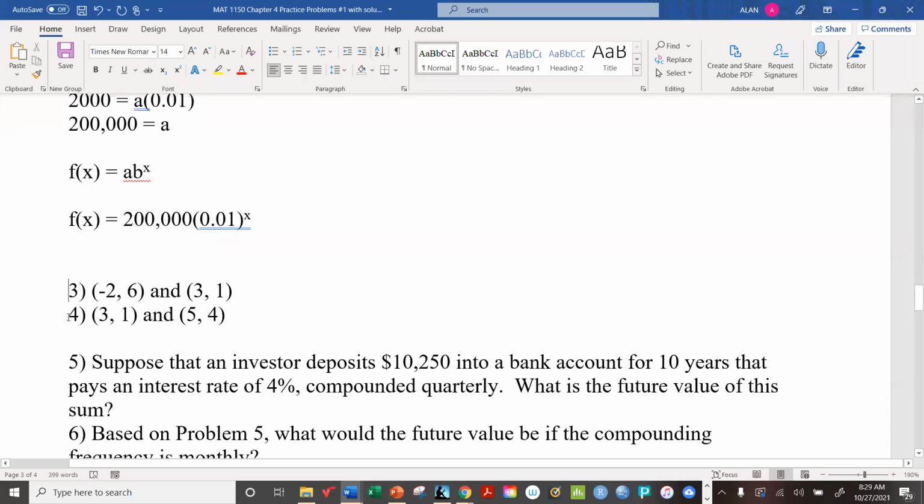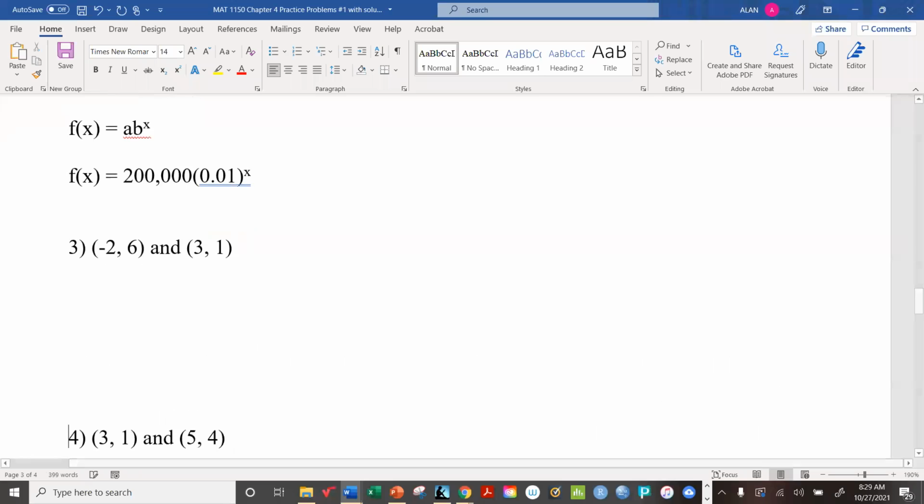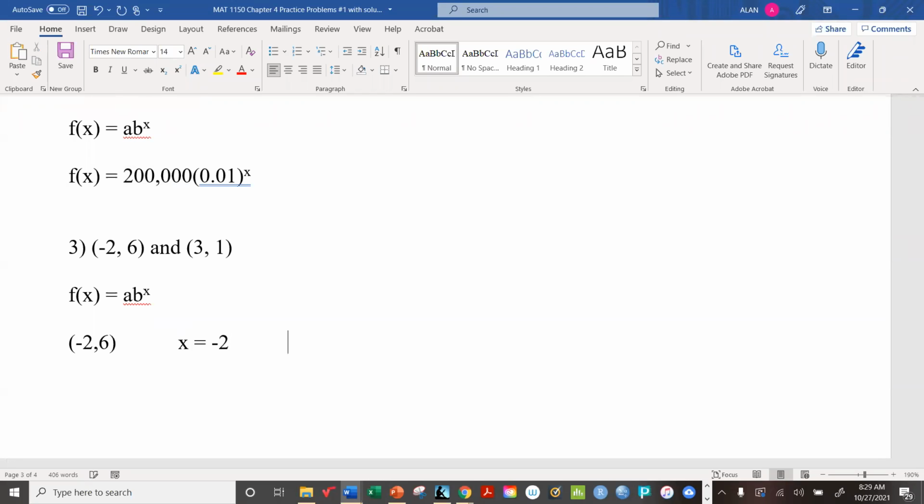All right, hopefully with these, we'll get some nice answers too. So again, this is our starting point. And we're told that with (-2, 6), x is equal to -2, f of x is 6. Therefore, 6 equals ab to the -2 power.